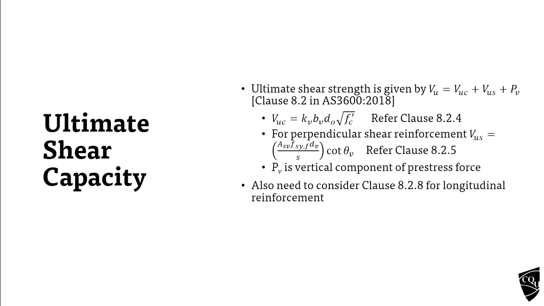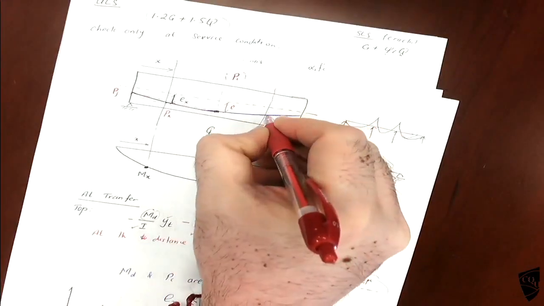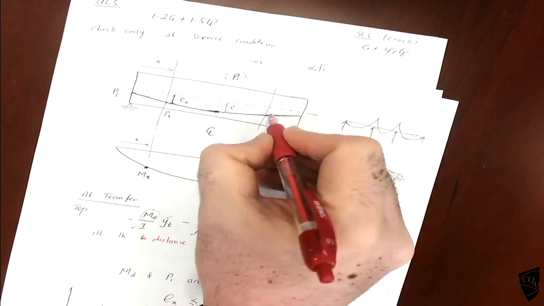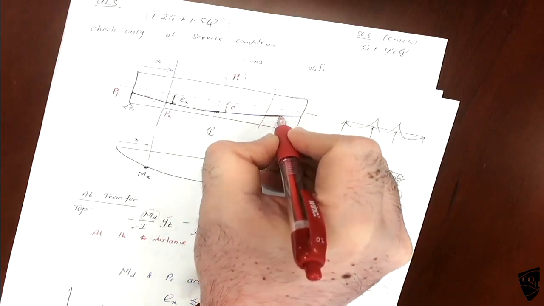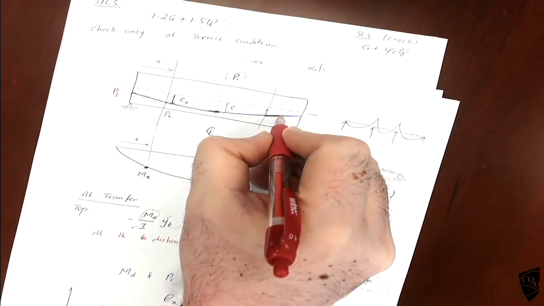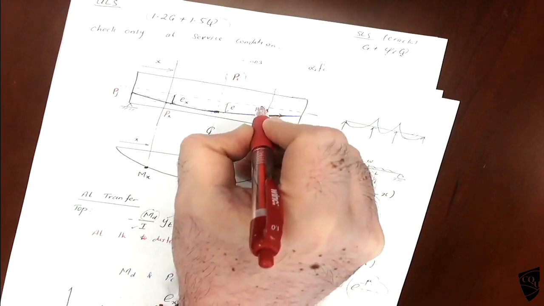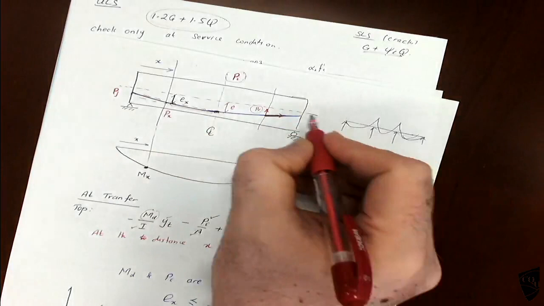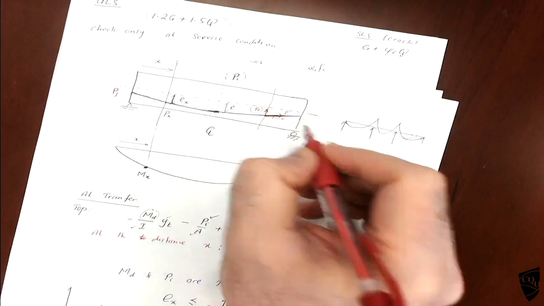Wherever you calculate the capacity, there will be the vertical component of the pre-stress. So what is the vertical component? If you are calculating the shear strength here, the pre-stress force is going this way. The vertical component, this is Pv. If you know the slope, then it is P sine alpha.